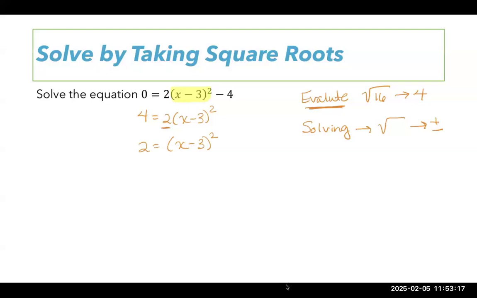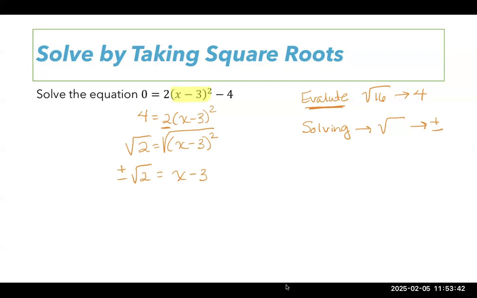So when I go back to my problem here, when I take the square root of both sides of this equation, I'm going to have a plus or minus square root of 2 on the left side equal to the x minus 3 on the right, because both the positive and the negative could possibly work as a solution.